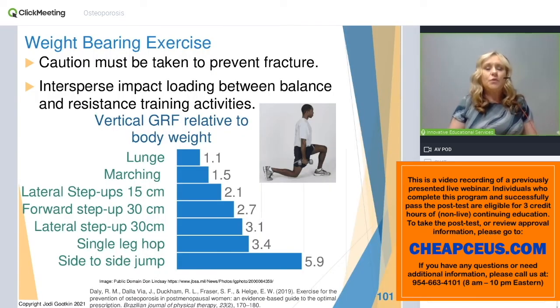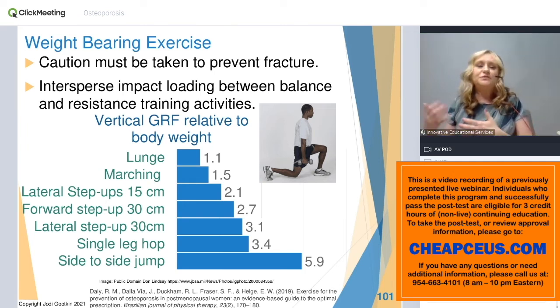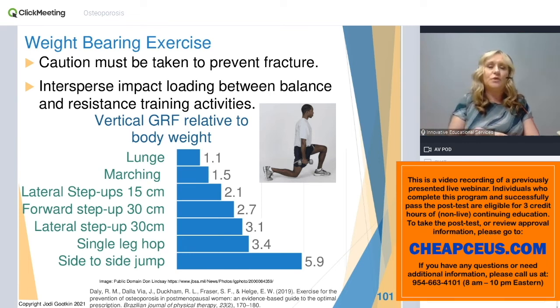When we look at different weight-bearing exercises, again, we don't need to have the picture in our head that the person needs to be doing burpees all day in order to be osteogenic. We need to balance the weight-bearing exercise to stimulate the bone with preventing fracture, and not create a situation where the person loses their balance, falls, and has an upper or lower extremity or a spine fracture.